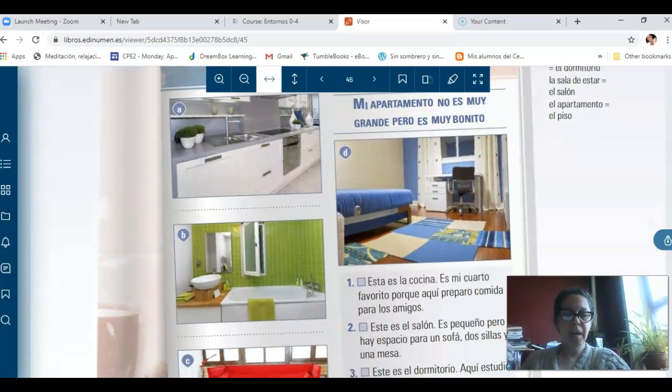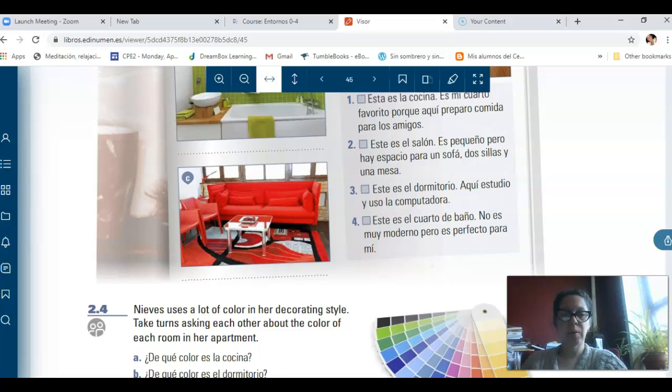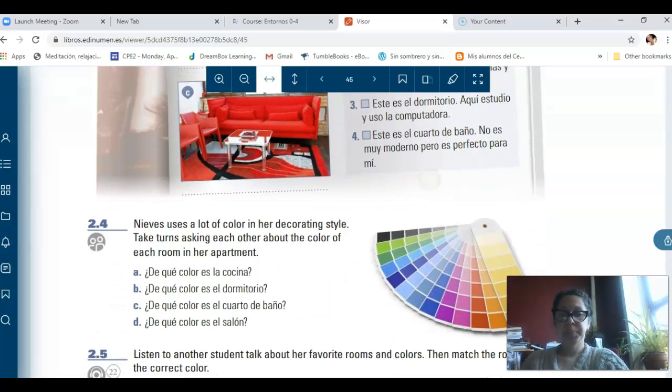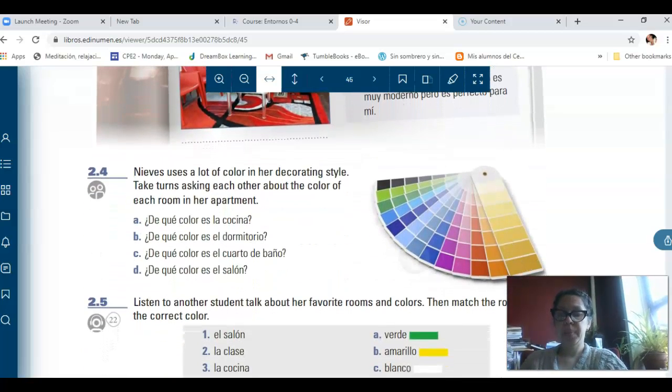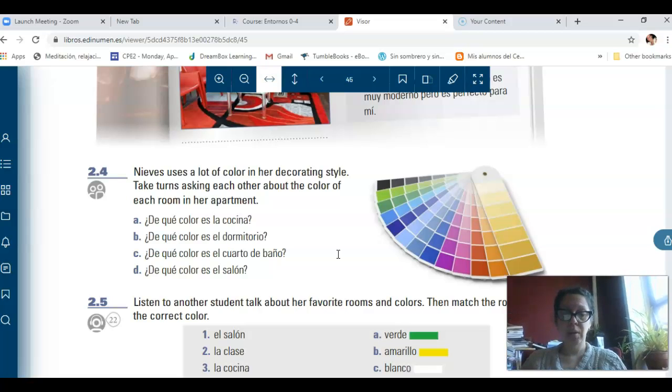In this activity, I want you to read the descriptions and identify the room, okay, of the house. And then the next one is about colors, okay? ¿De qué color es la cocina? ¿De qué color es el dormitorio? ¿De qué color es el cuarto de baño? ¿De qué color es el salón?